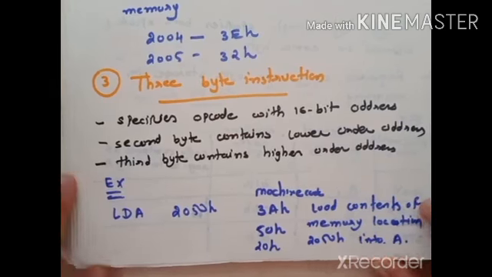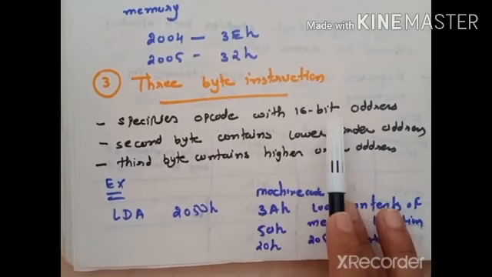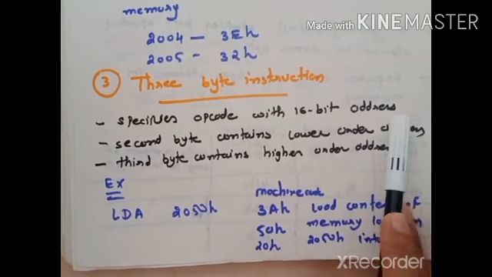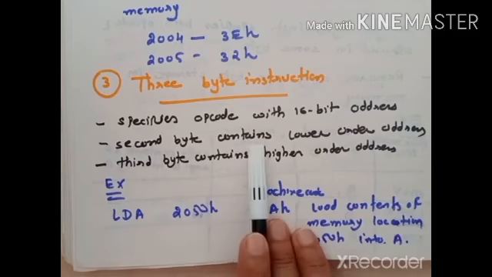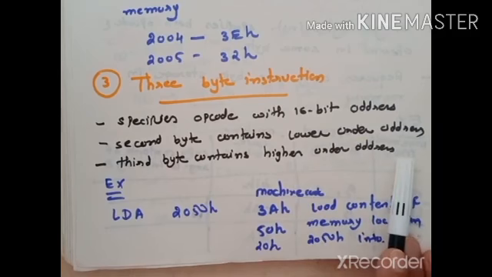Next, the 3 byte instruction. It specifies an opcode with a 16-bit address. The second byte contains the lower order address and the third byte contains the higher order address.